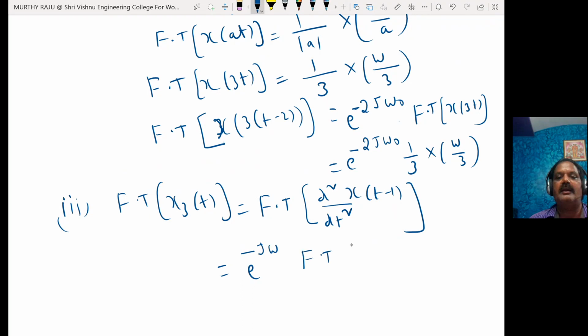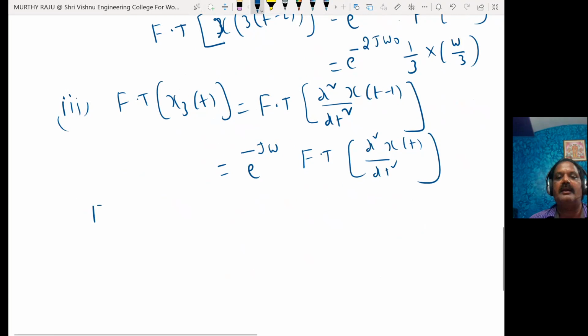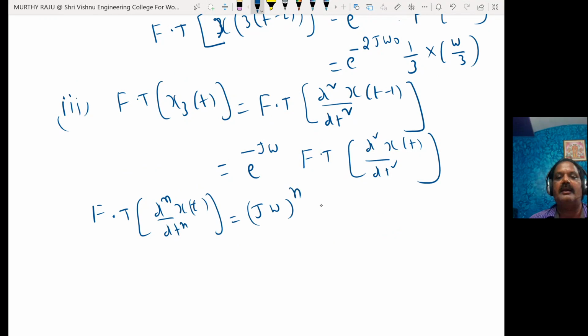And the Fourier transform of d square by dt square. According to the time differentiation property, the Fourier transform of d whole power n by dt whole power n of x of t is equal to j omega whole power n X of omega. Here n is equal to 2.